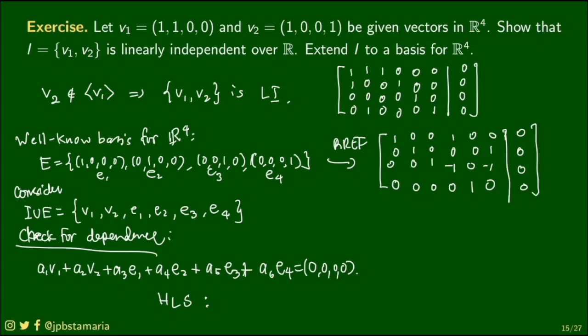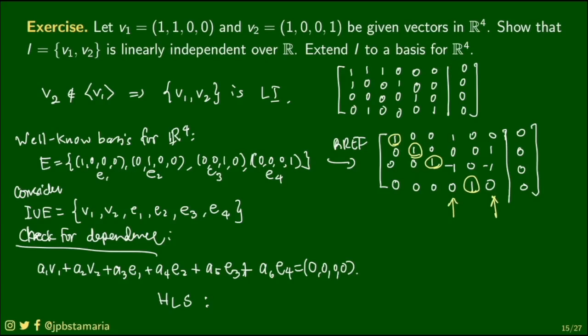Now, according to a previous example, we look for the pivots. Pivot, pivot, pivot. And then you look for the columns that don't have a pivot. So this doesn't have a pivot, and that doesn't have a pivot as well. So there are two columns that don't have a pivot. Therefore, they are redundant.